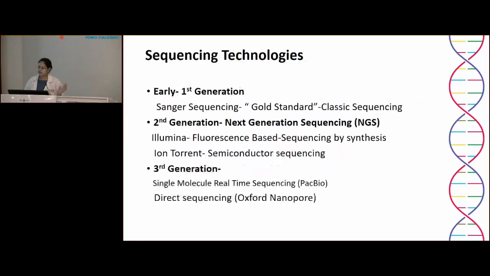So based on the time of discovery, the sequencing technologies can be divided into early first generation, under which Sanger sequencing comes, second generation, under which next generation sequencing comes, and the ongoing one is the third generation, which actually gives you real-time long reads, being developed by PacBio and Oxford Nanopore.